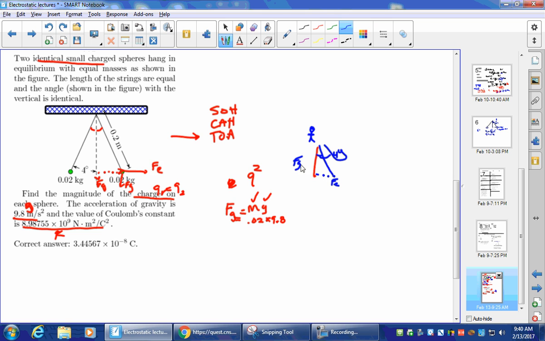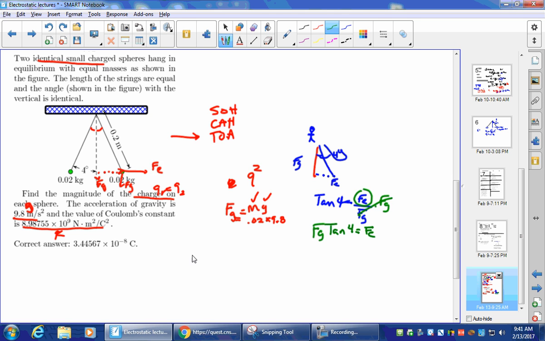The opposite and the adjacent, so that's going to be a tangent function. The tangent of 4 degrees is opposite, which is electric force, over adjacent, which is gravitational force, which I have already. So from there, we're solving for the electric force. You do that by rearranging and moving the gravitational force to the other side. So you take your gravitational force times the tangent of 4 degrees, and make sure you are in degrees in your calculator. If you're in radians, you end up with messed up stuff. You end up with your electric force.